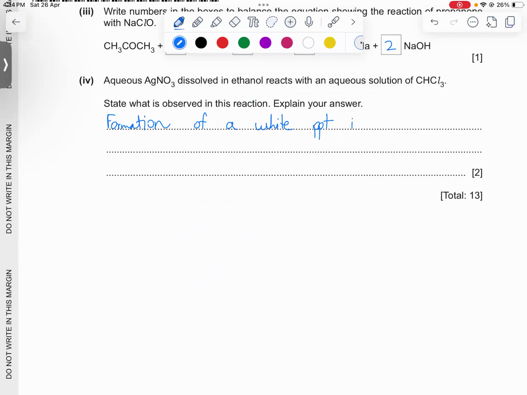Formation of a white precipitate is observed.